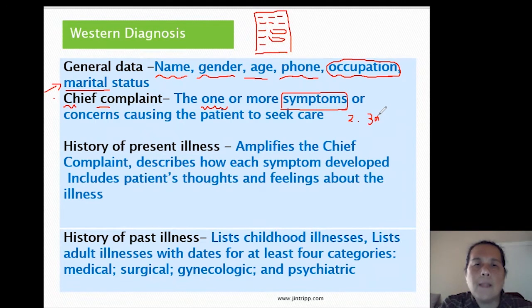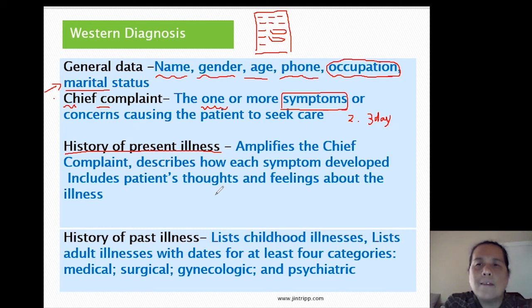Pretty simple words, like headache, 2 days. Certainly we need more detail, and more detail goes on the personal illness part.